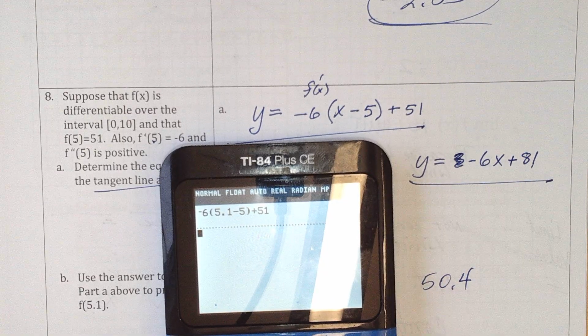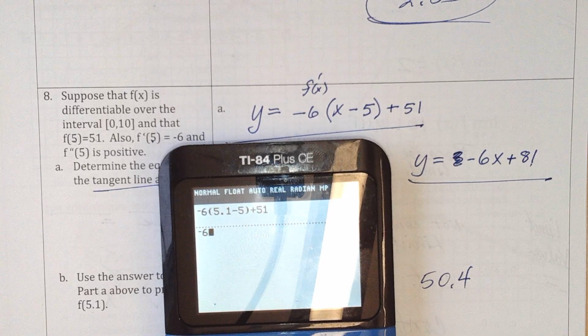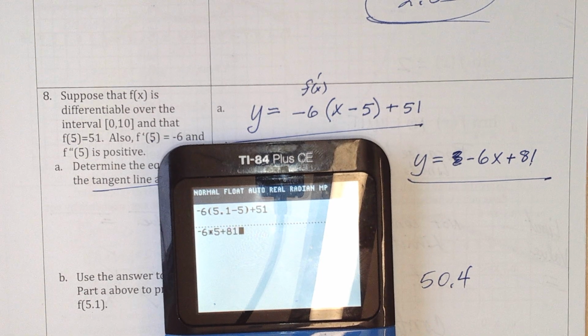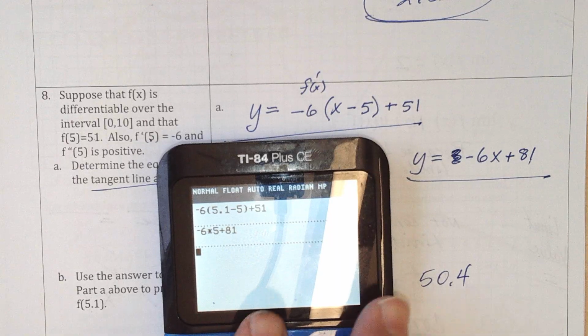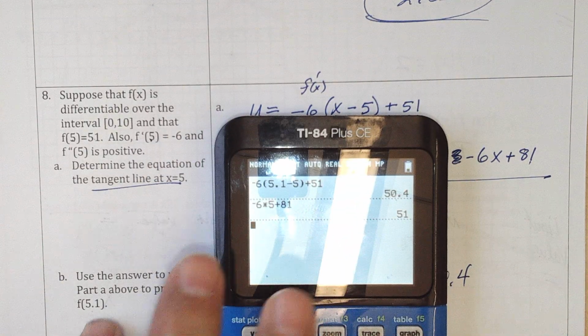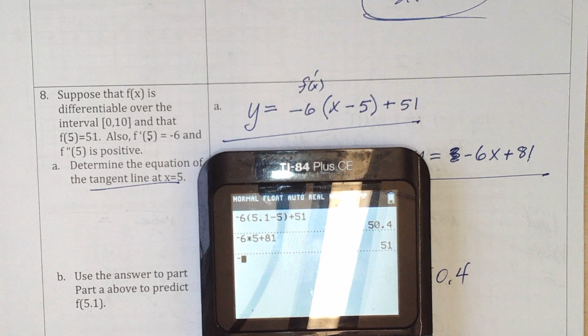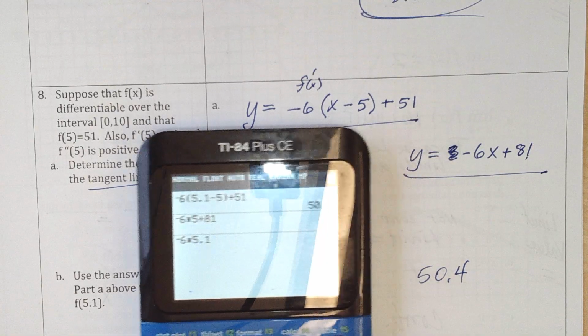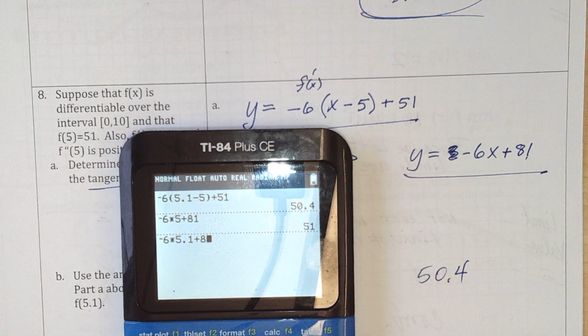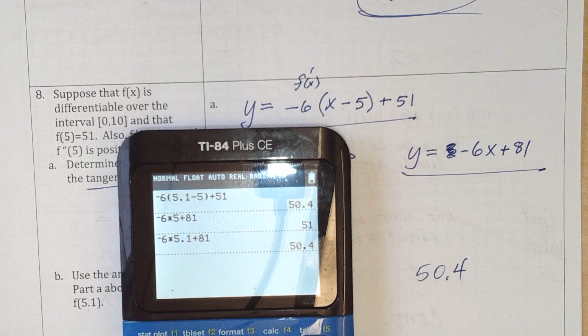If I put it in the other equation, -6 times 5 plus 81. Whoops, I'm supposed to put in 5.1. That's what it is: -6 times 5.1, because we're doing it at 5.1, plus 81, and now I get the same answer, 50.4.